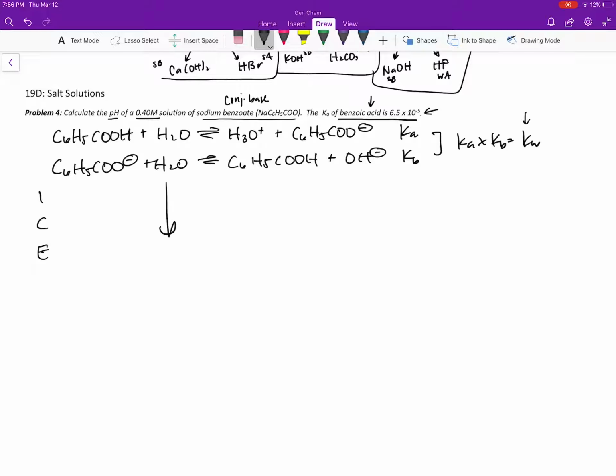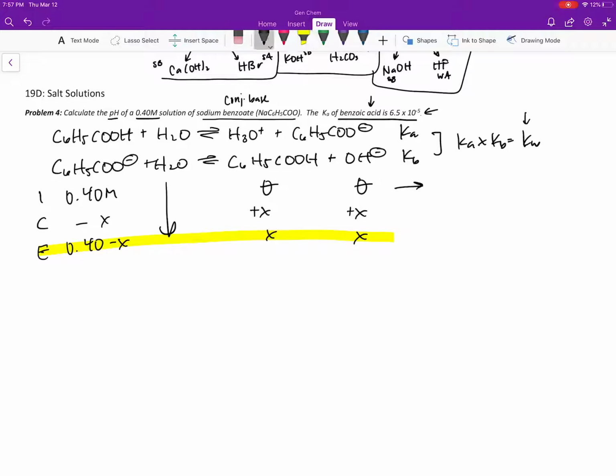So in this case, water still doesn't count. In sodium benzoate, we're told we start with 0.4 molar, no benzoic acid, no OH, and the reaction is going to shift to the right to produce products and consume the reactants. Okay, so I have my equilibrium values.